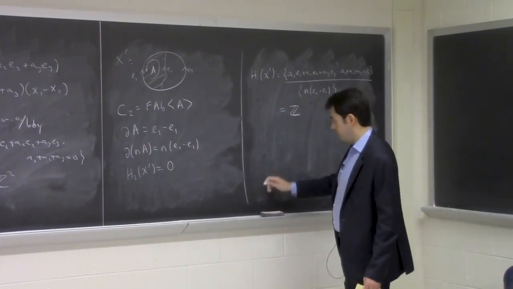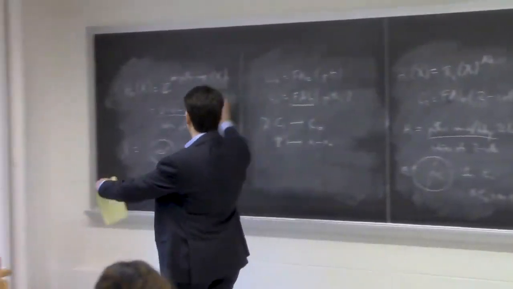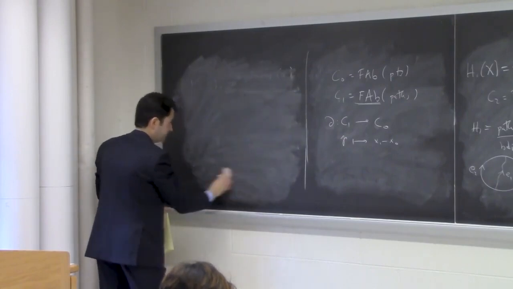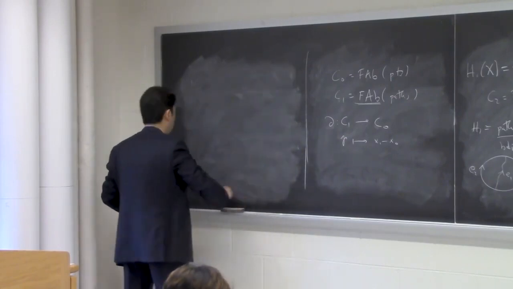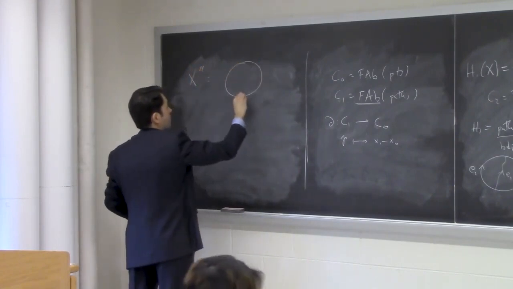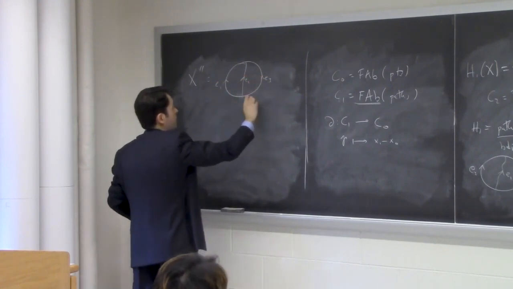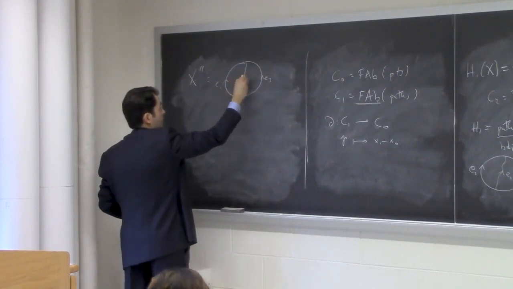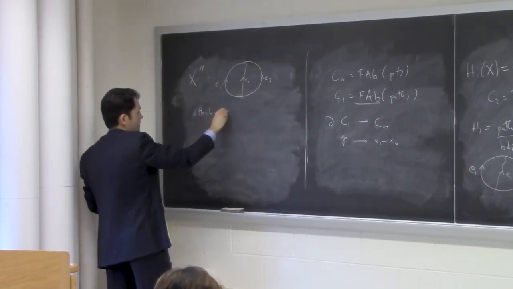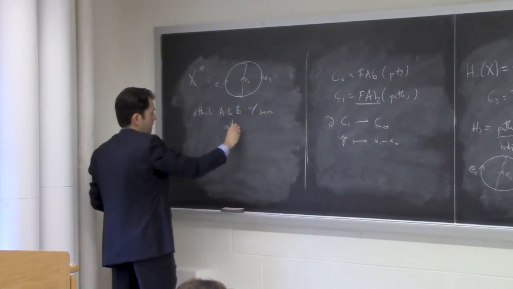Let's just complicate it a little bit more. What if you attach another 2-cell using the same attaching map? So let's take X double prime. So we're going to have E1, E2, E3. And then here we're going to attach A and B, with the same attaching map.